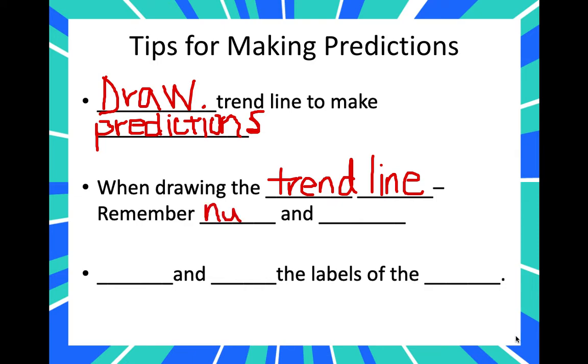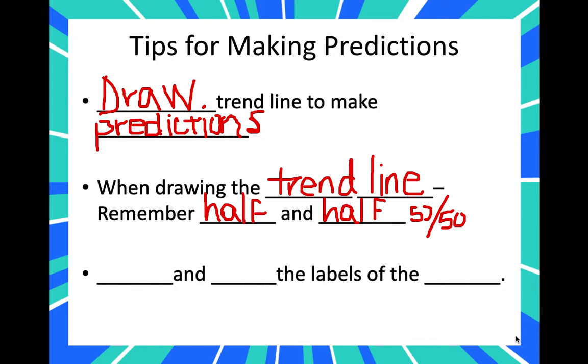And what I mean by half and half is you want half the dots on top and half the dots on bottom. And another way you'll hear me refer to it is 50-50. So you want like half the dots on top, half the dots on bottom, or 50-50.